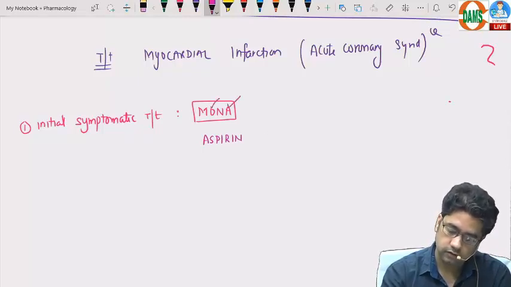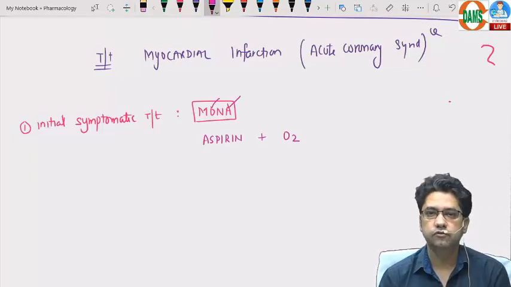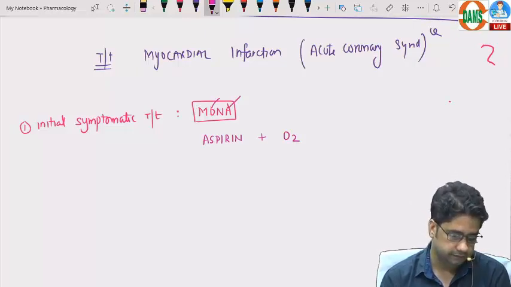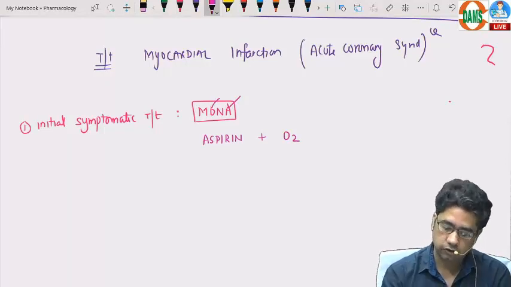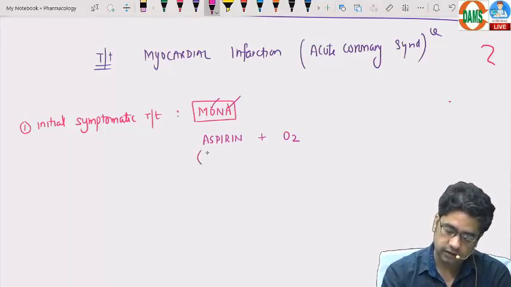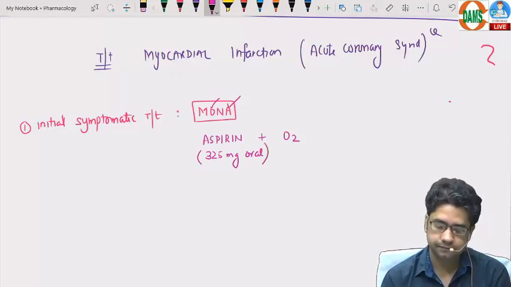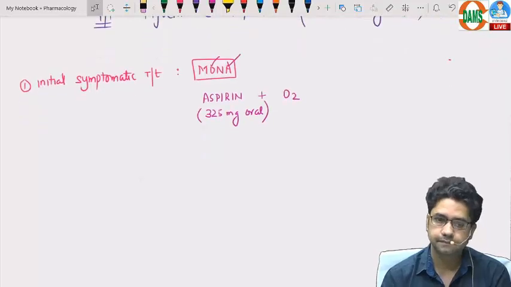O for oxygen. My first question for you is, which dose of aspirin you will give in acute attack of MI? 75 or 325? 325 milligram orally. Easy.